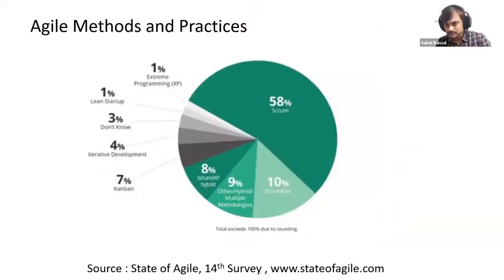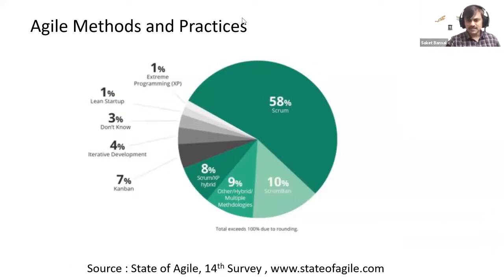Now, from an awareness point of view, you may start saying, okay, this guy is telling there is A type of agile, there is B type of agile. Tell me how many types there are, and which type of agile is more popular. Someone may end up asking that.